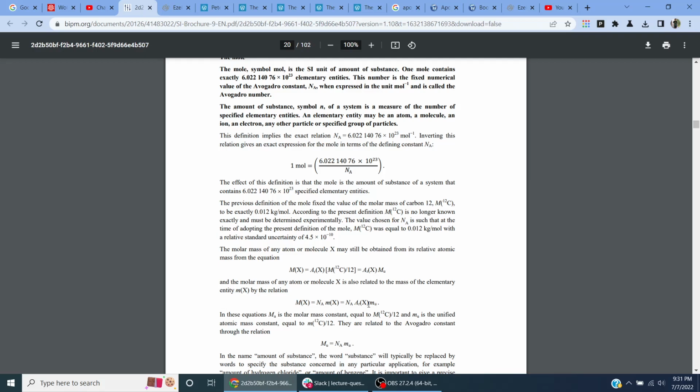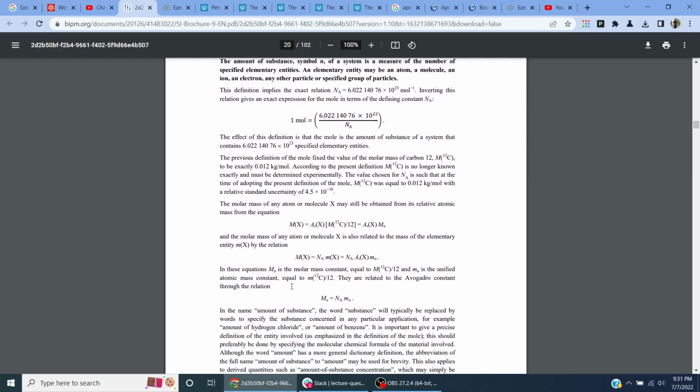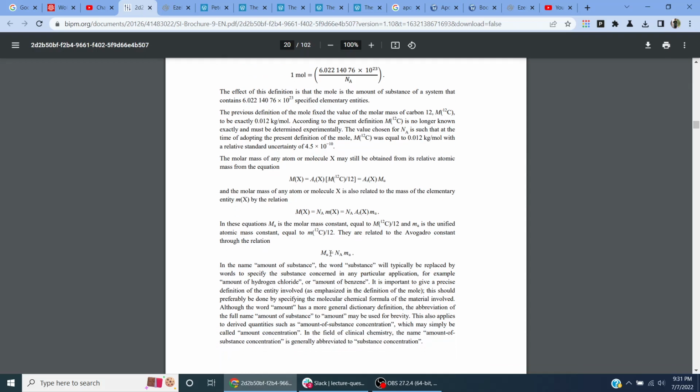In these equations, capital M sub u is the molar mass constant, equal to the molar mass of carbon-12 divided by 12, and little m sub u is the unified atomic mass constant, equal to the mass of the carbon-12 atom divided by 12. They are related to the Avogadro constant through the relation capital M sub u equals the Avogadro constant times the mass little m sub u.